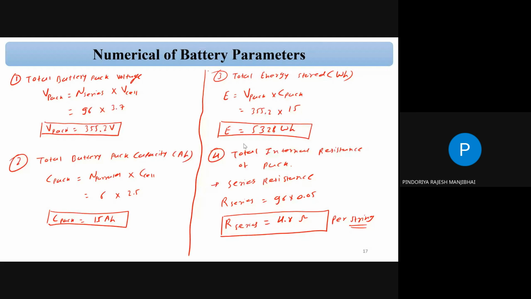Then total energy stored, which is V pack into C pack. Total internal resistance, where per cell internal resistance is given: R series into per cell resistance, so 96 series cells into 0.05 per cell resistance.